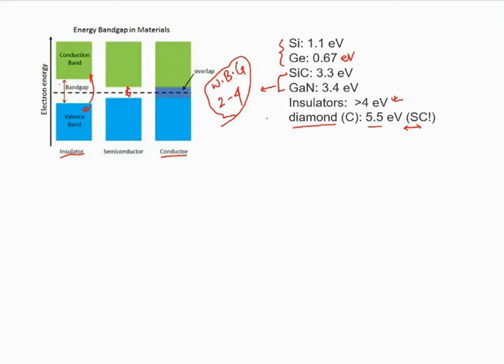So let's try to understand why this band gap is important. This will also address why you see more silicon devices, and why not more germanium based power electronic switching devices. One of the straightforward reasons is that the band gap is a function of temperature. As temperature goes up, the band gap comes down.